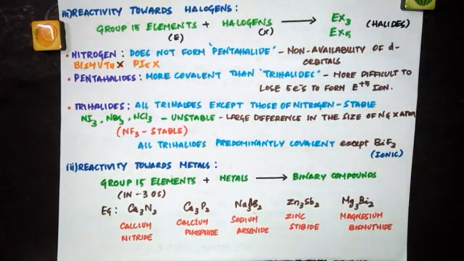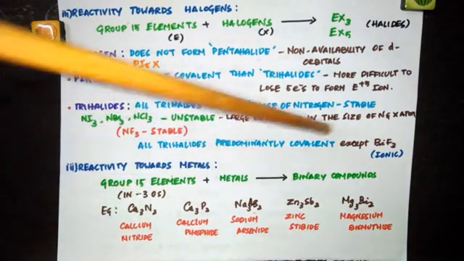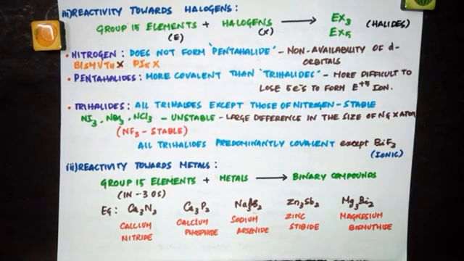Just like pentahalides, all trihalides are predominantly covalent except BiF3. BiF3 is ionic in nature. Next one is reactivity of group 15 elements towards metals. All the group 15 elements react with metals to give binary compounds. And these group 15 elements exhibit the -3 oxidation state in these binary compounds with metals.